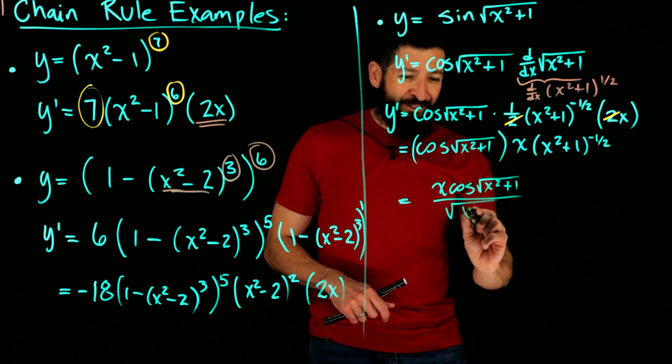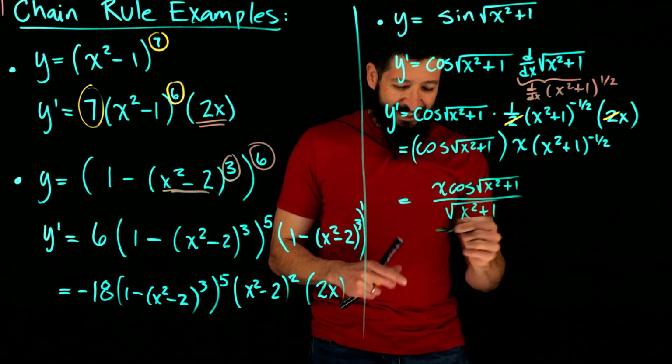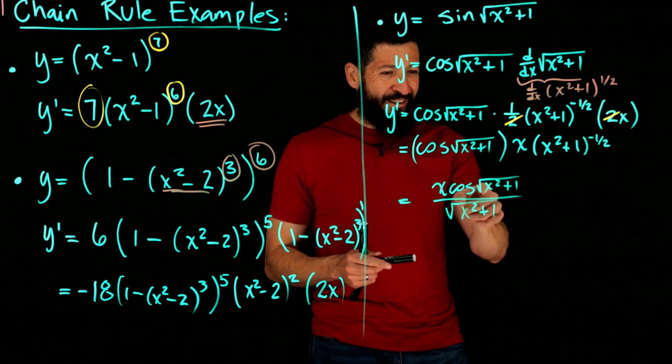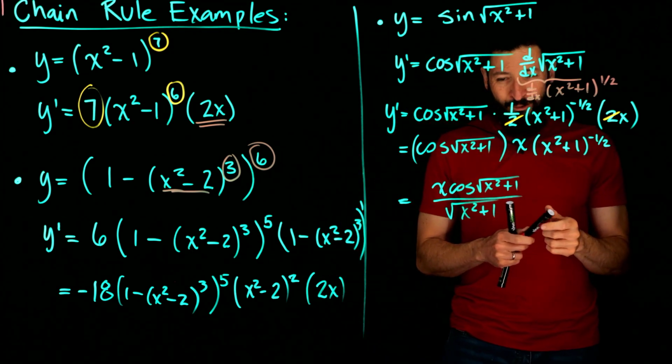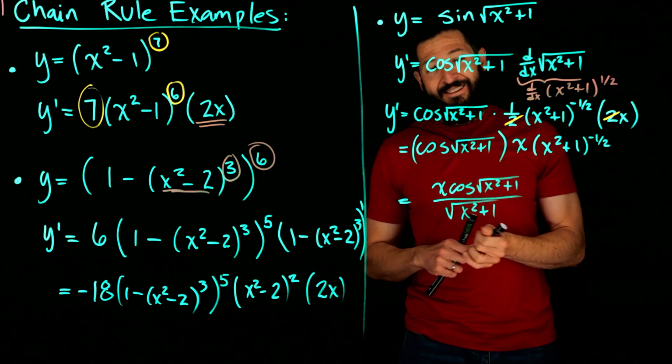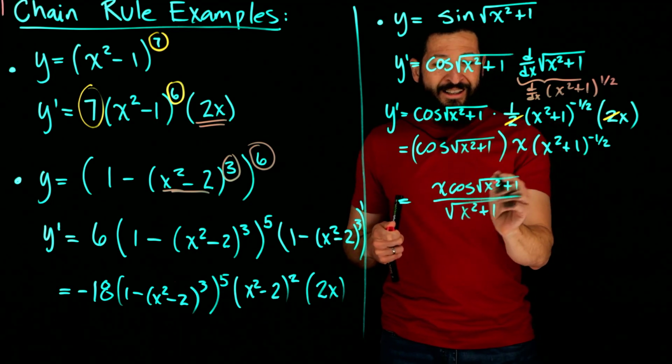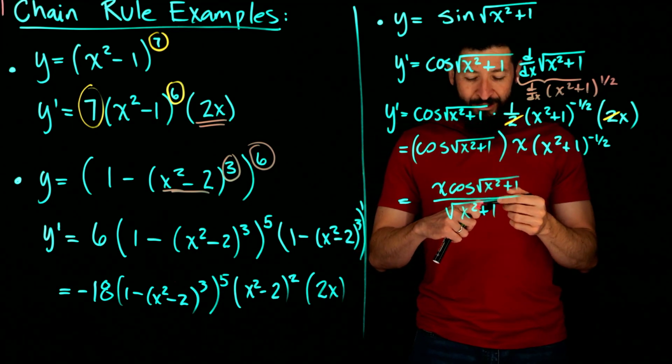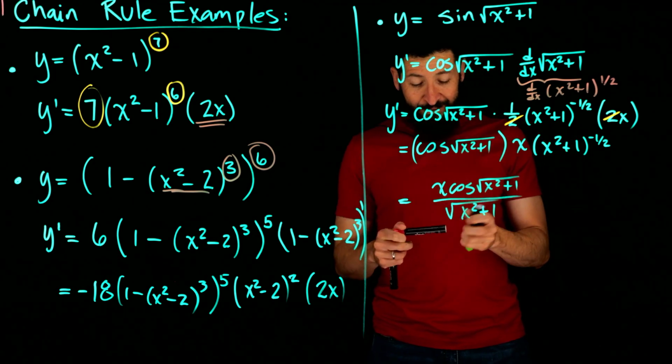Now, remember that this square root is inside the cosine, so it's being evaluated. The cosine is evaluated at that expression. So there's no canceling, but I've seen quite a few people canceling things like those.